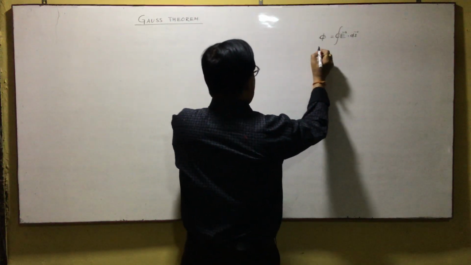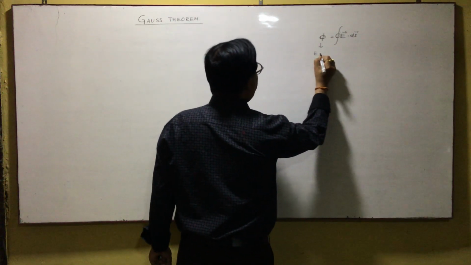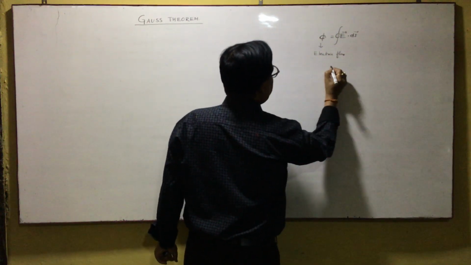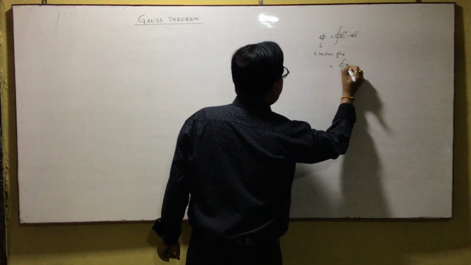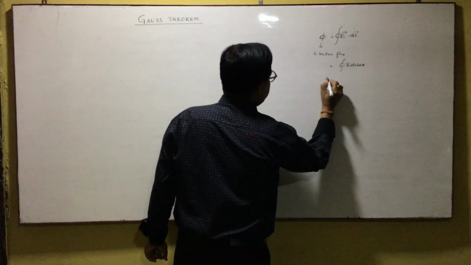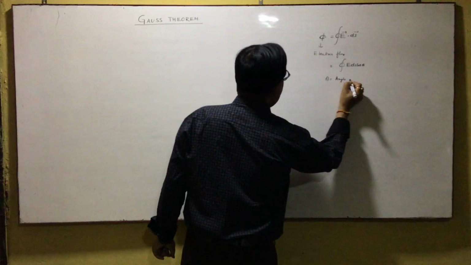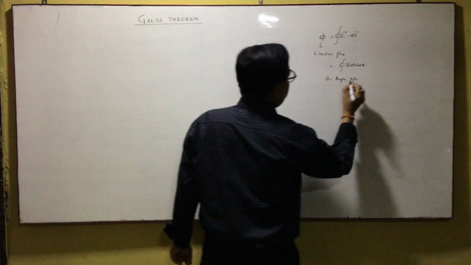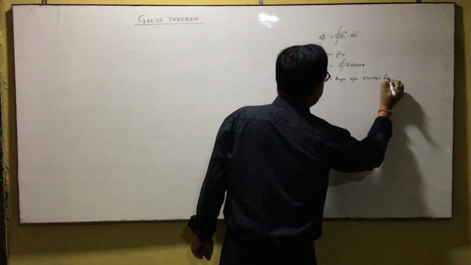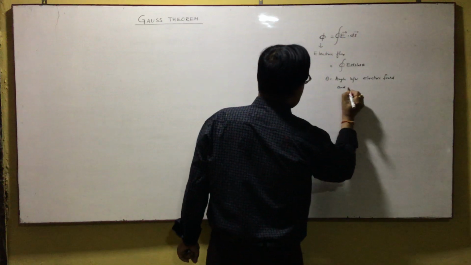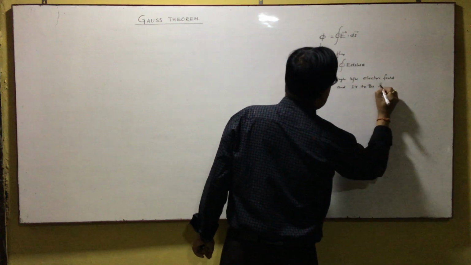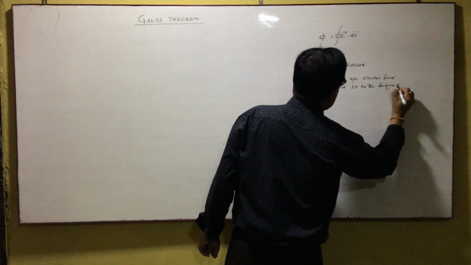So this phi actually is electric flux, or we can write this as E ds cos theta, where theta is the angle between the electric field and the perpendicular to the surface ds.